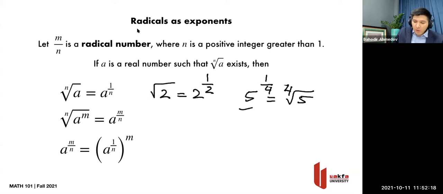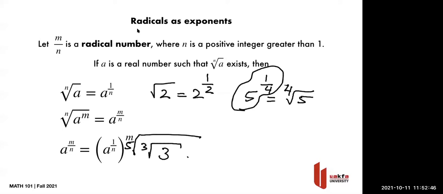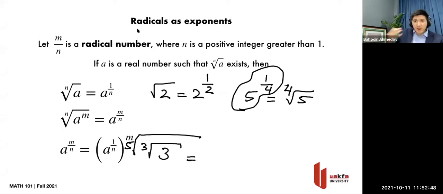I would always suggest you use the exponential notation for radicals, so that all of the laws we have learned so far, like multiplication of two radicals or raising radicals to a power, are going to be applied to roots as well. For example, what is the 5th root of the 3rd root of 3? You use the exponential form.